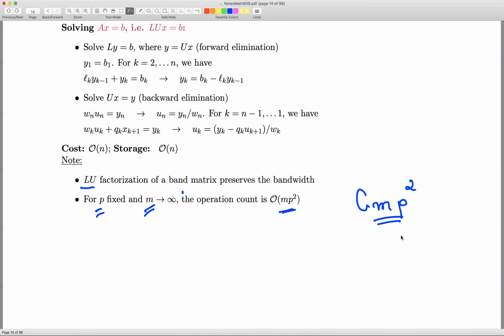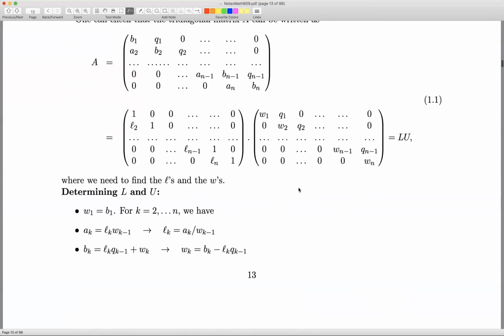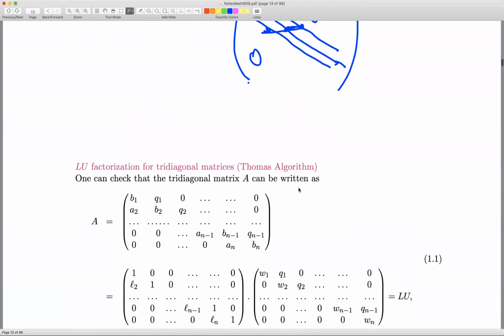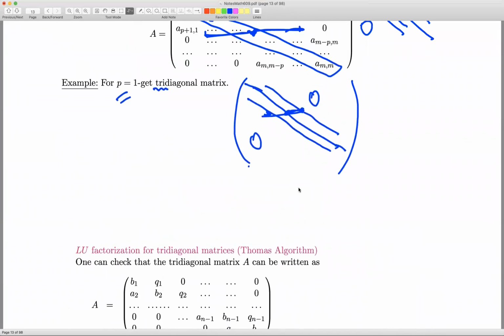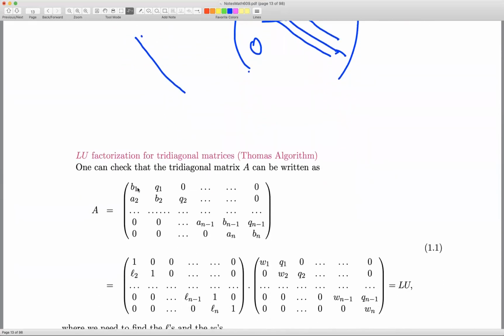Now, let's go back and discuss Gauss elimination for a particular type of matrix, which is the tri-diagonal matrix. And once again, a tri-diagonal matrix is a matrix that has possibly non-zeros on the main diagonal, which here has B's, on the terms above the main diagonal, which are denoted here by Q's, and on the terms below the main diagonal, which are denoted by A's, and everywhere else is 0.